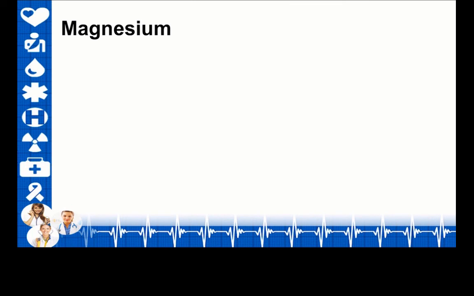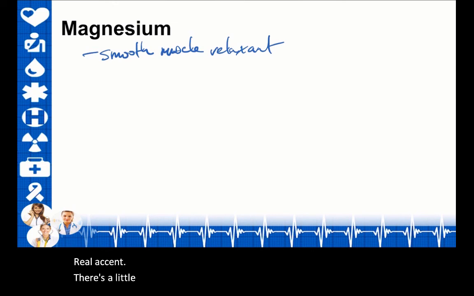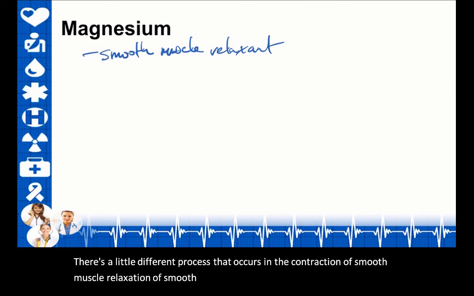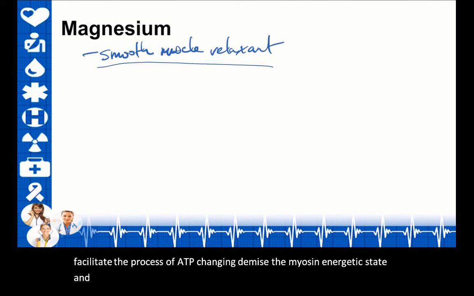Magnesium's role in the process is essentially to be a smooth muscle relaxant. There's a little different process that occurs in the contraction and relaxation of smooth muscle, but in short, magnesium helps facilitate the process of ATP changing the myosin energetic state and allowing the smooth muscle to relax.